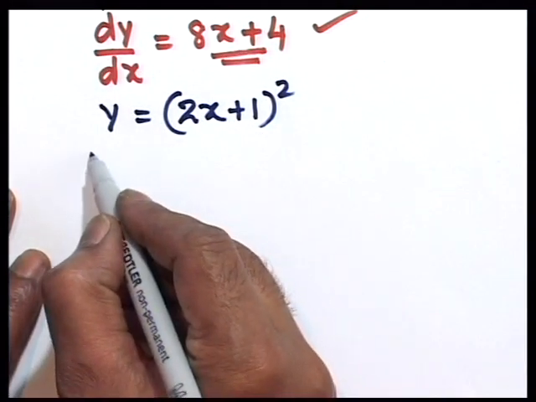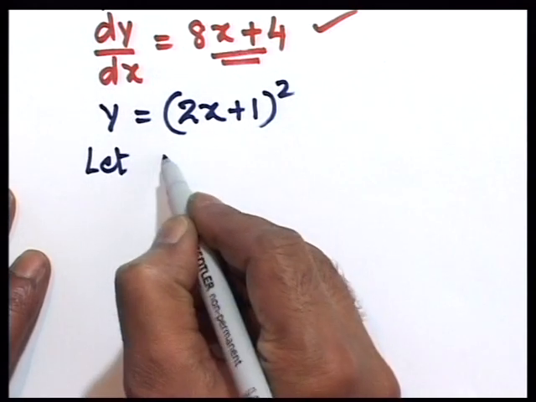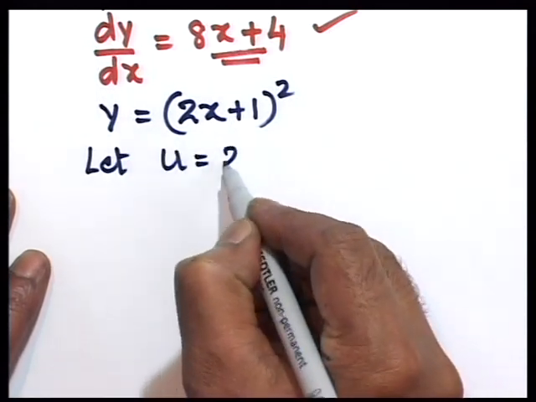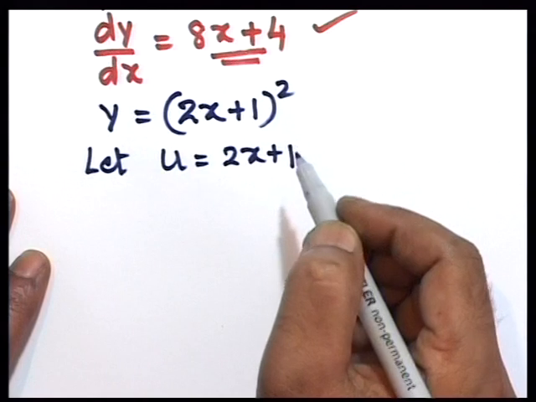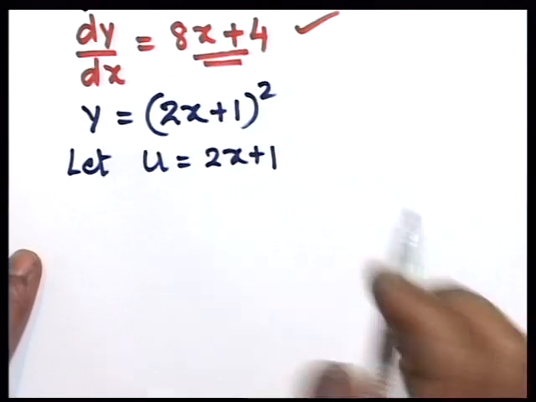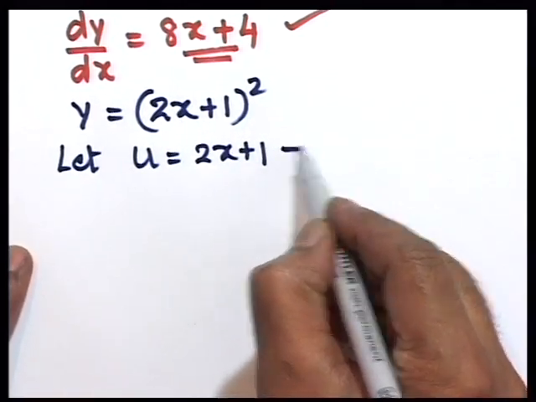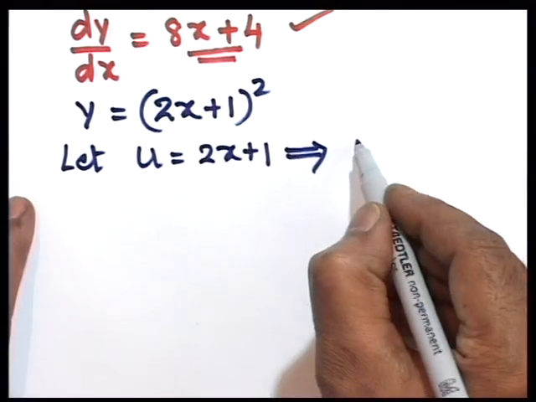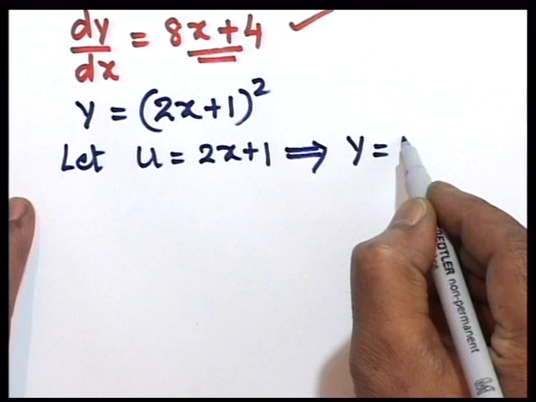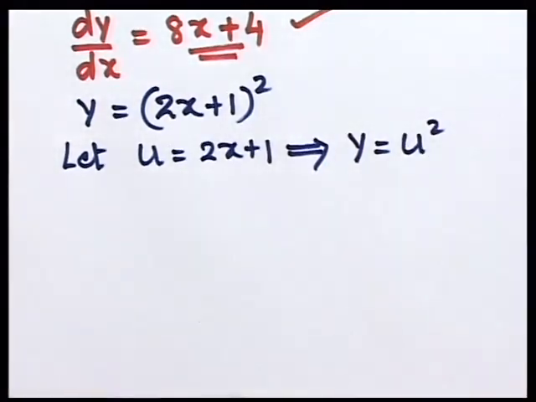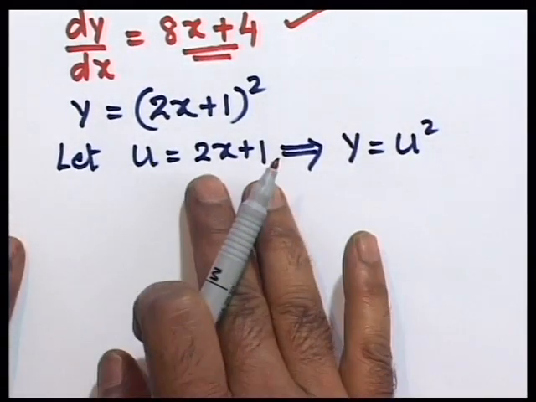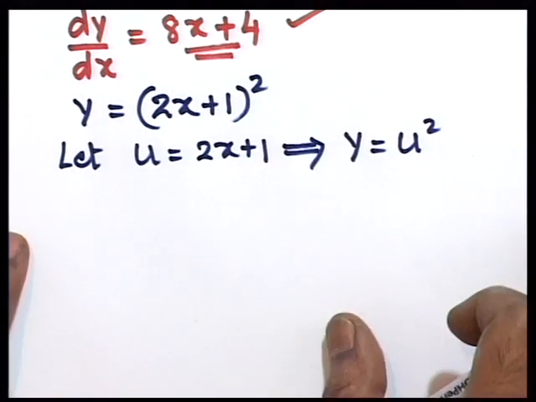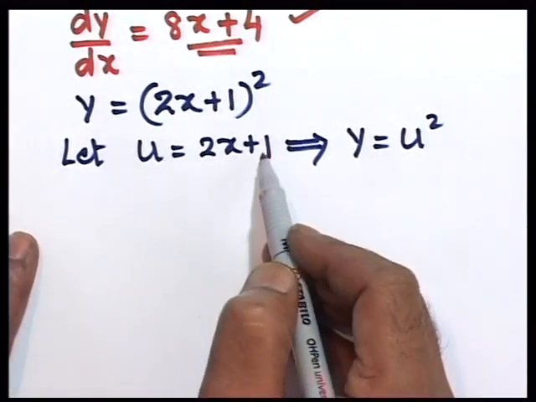So let u equal 2x + 1, just the bracket only. Once we say that is u, the question changes to y = u squared. So there are two equations we have. The first one is u = 2x + 1.